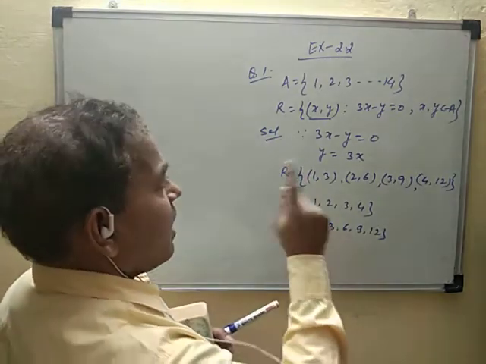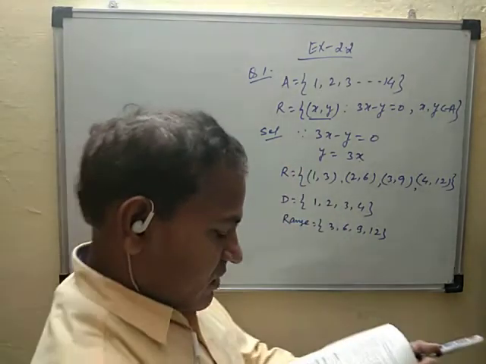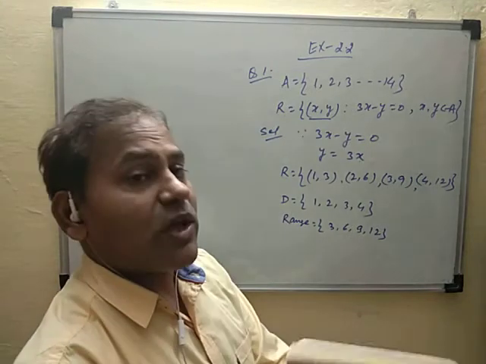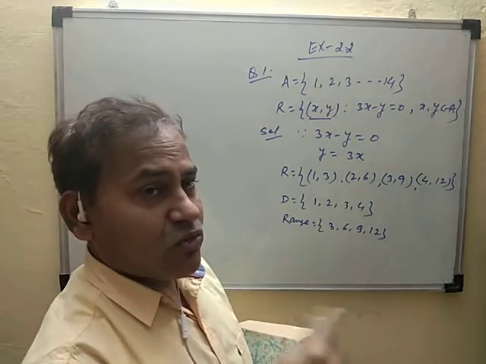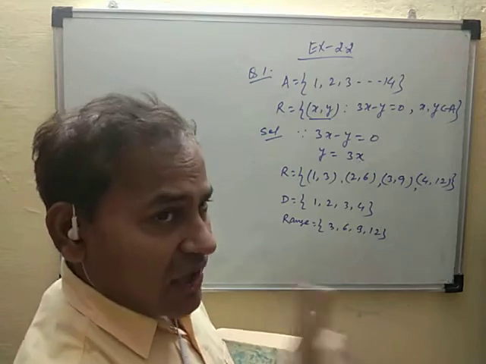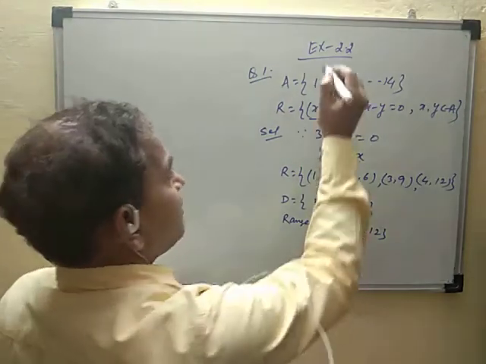Here relation R is defined from A to A. So the second set A is called the codomain.